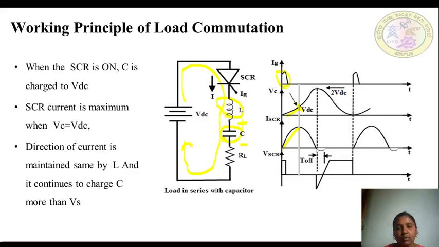So due to the property of the inductor, the capacitor has to charge further. The inductor will not change the direction of the current immediately. For that reason, the capacitor continues to charge for some more time.